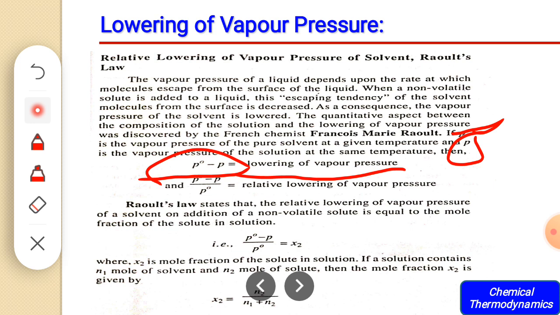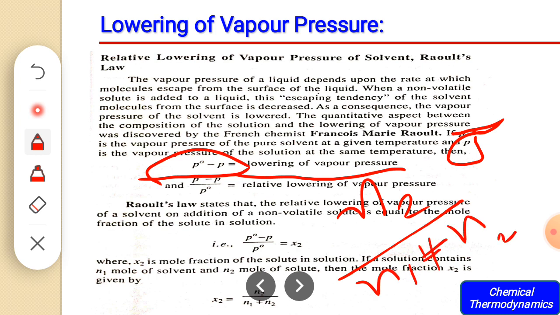How can we define the mole fraction of the solute? Because this is one of the methods to express the concentration or the composition of the solution. Suppose, dear friends, N1 is the number of moles of the solvent and N2 is the number of moles of the solute. Then N2 divided by N1 plus N2 is known as the mole fraction of the solute.